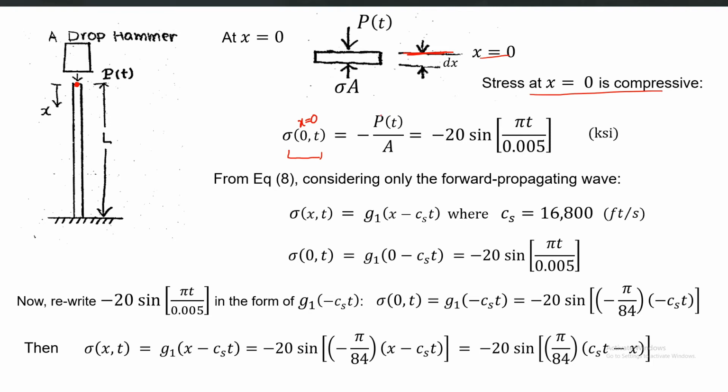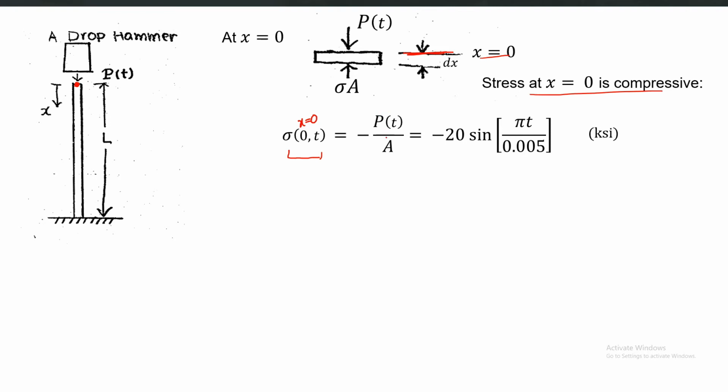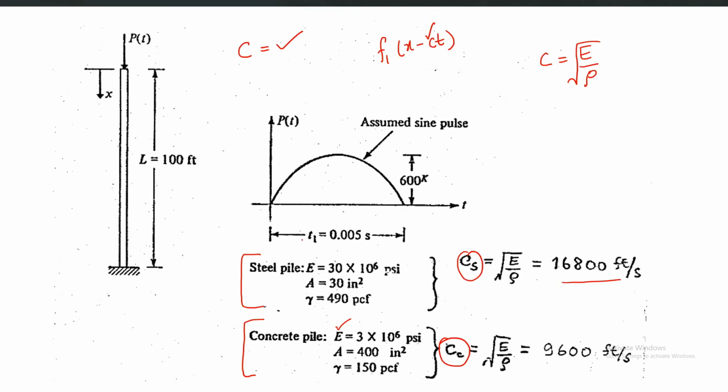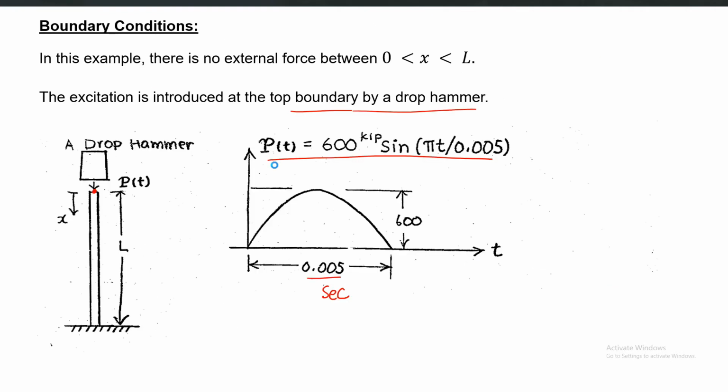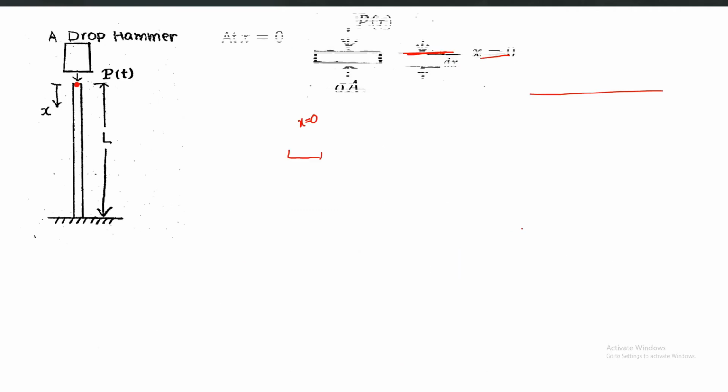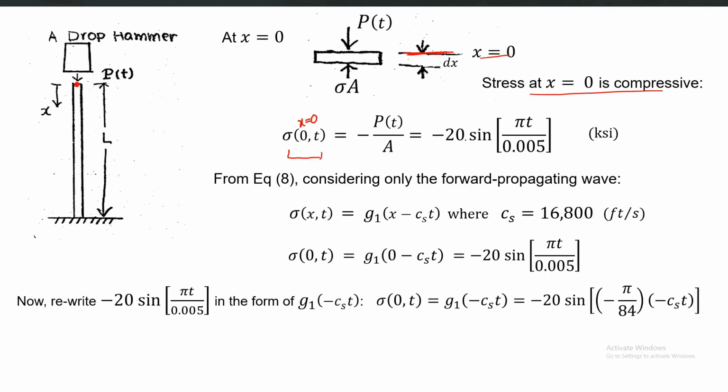Let me go back, and here you can see that the general form of P of t is given. So let's put that here. When you divide by cross sectional area, you will get P of t. Sorry, this is the sigma 0 comma t. This is the stress at top level.